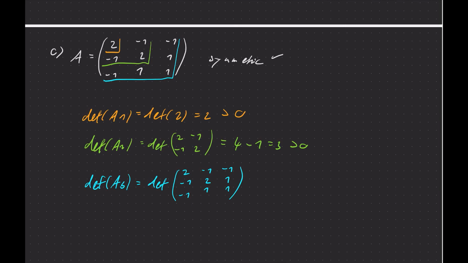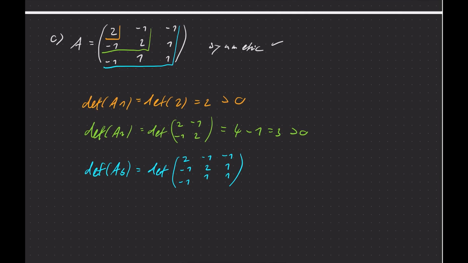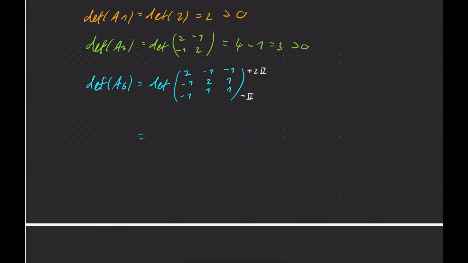Okay, let's simplify things a little before we actually compute that. Let's do a Gaussian elimination and say, let's subtract the second row from the third and add the second row twice to the first one to get a few zeros in there. So we just do these Gaussian elimination steps to get the determinant of, let's see, we keep the second row, that's -1, 2, 1.